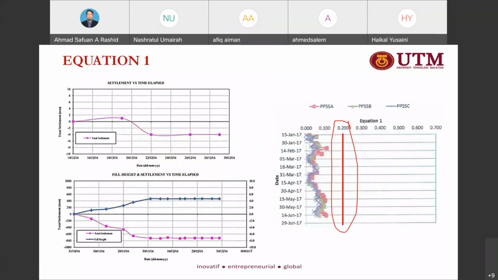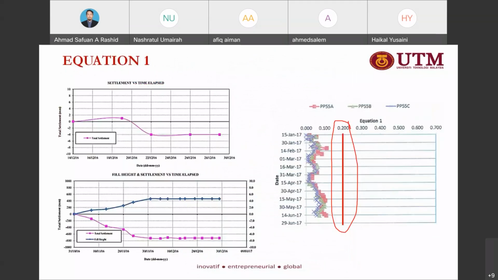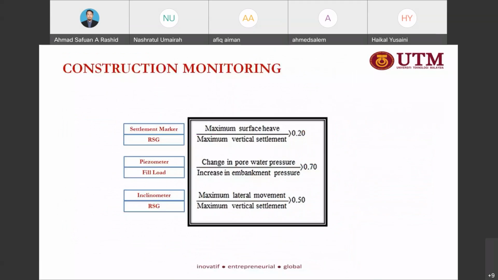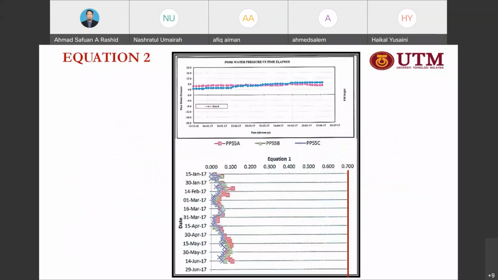This is for the pore water pressure: the change in pore water pressure and the increase in embankment pressure. We need to compare the result from the piezometer with the result from the field load. It should not exceed 0.7.